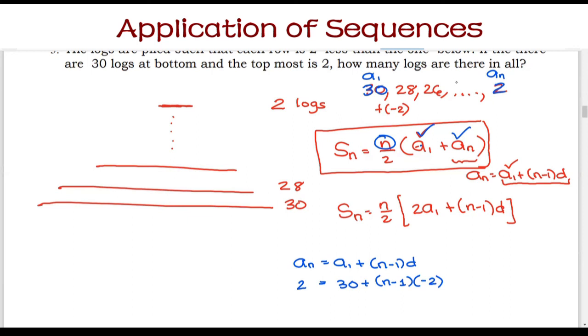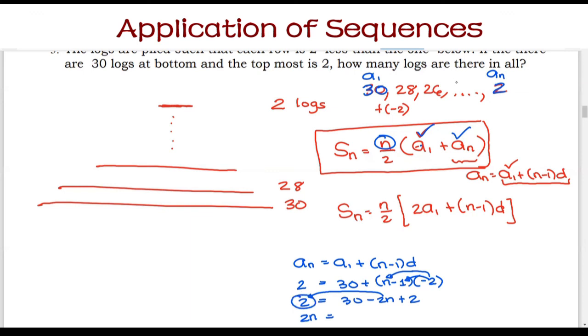Okay? So, if we do the math here, we're going to have like this. So, this is 30. Itong negative 2, i-distribute ko dito. So, anong meron? We're going to have negative 2n. Negative 2 times negative 1, we're going to have positive 2. Okay? So, kayo, itong negative 2n, pwede niyong ilipat sa kabila. Magkakaroon kayo ng positive 2n. Okay?